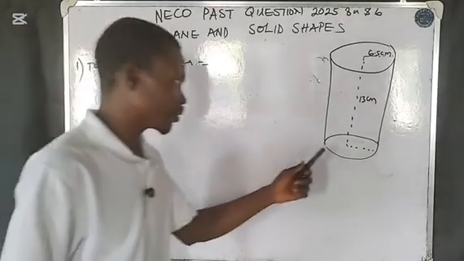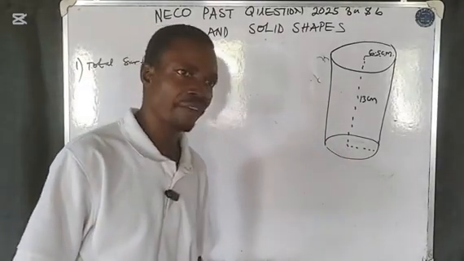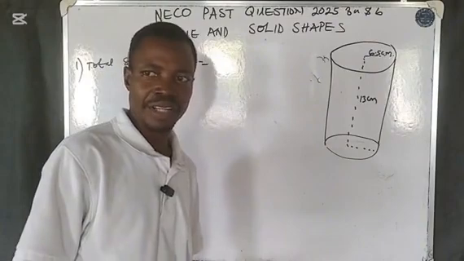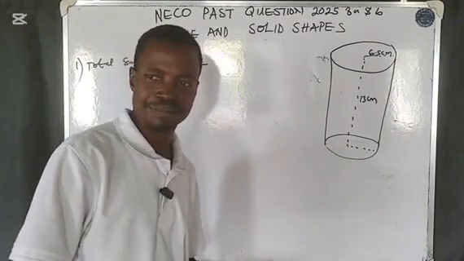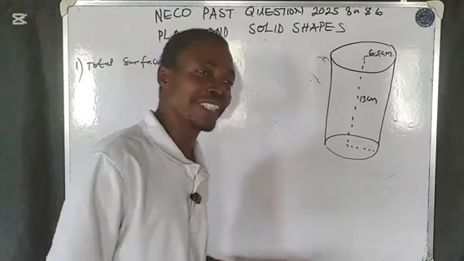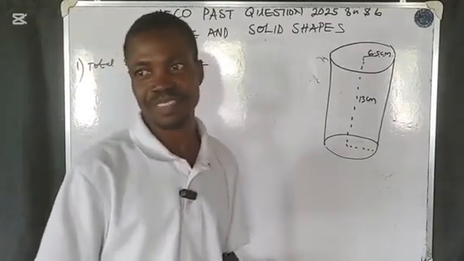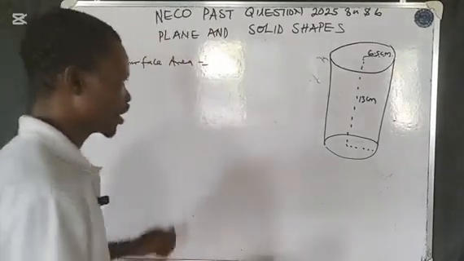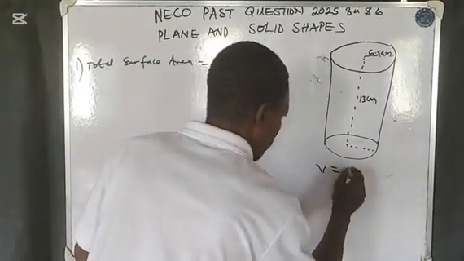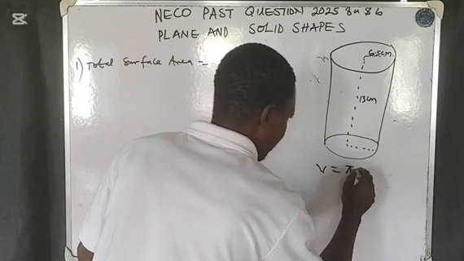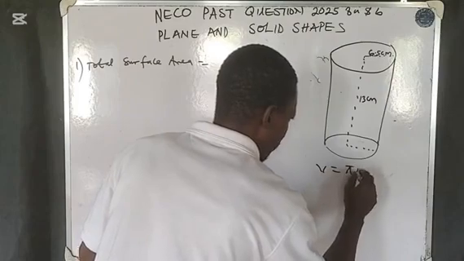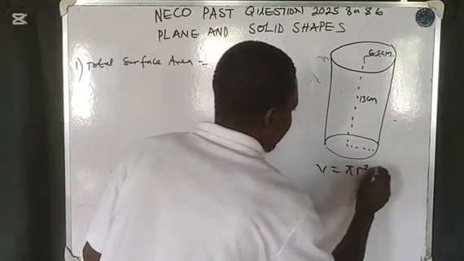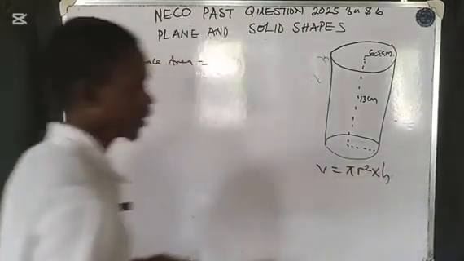The curved surface area of a cylinder. What is the volume of a cylinder? Volume of a cylinder is base area times height.